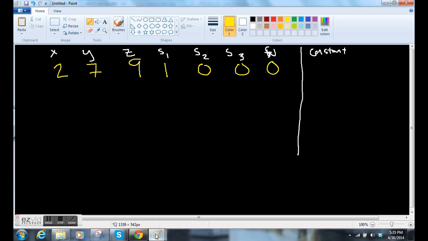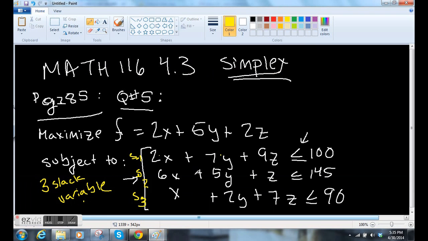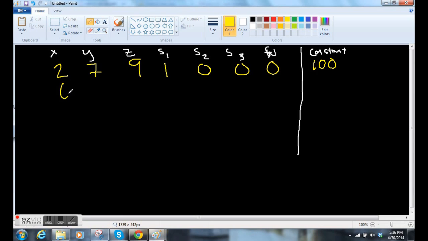All of that was less than or equal to 100, so you put 100 over here. The next row is 6, because that's the coefficient of x. You look at x, y, and z, so that's 6, 5, 1. This is the second inequality, so it gets a 1 for slack variable 2. And that was less than or equal to 145.